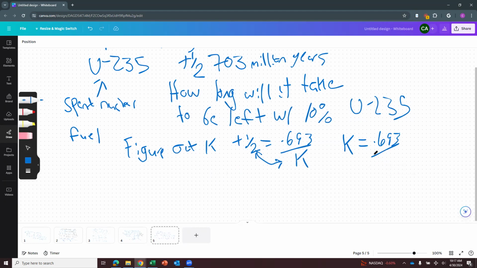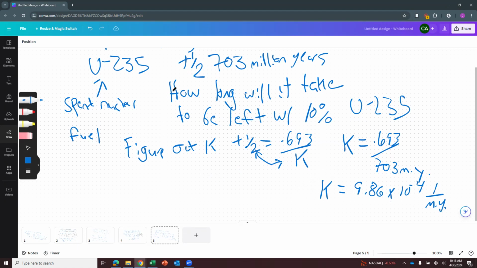So our half-life time is 703 with a unit of million years. So I'm going to keep that as million years. So let's do this: 0.693 divided by 703. So my K is 9.86 times 10 to the minus 4, and it has a unit of 1 over millions of years. So that's how I find my K.